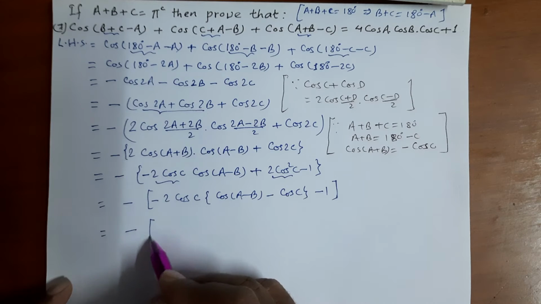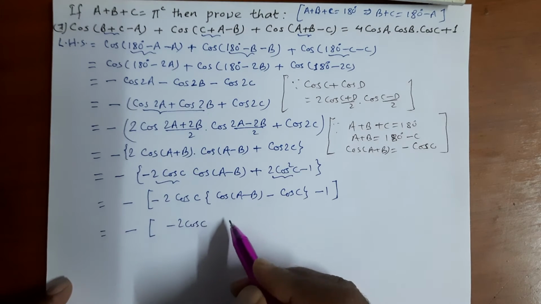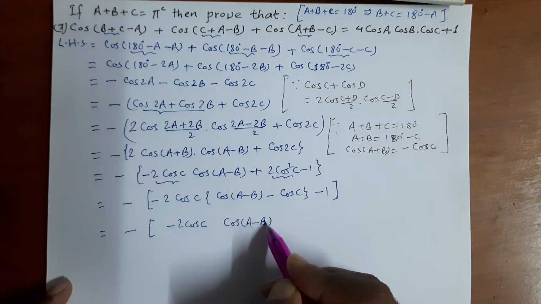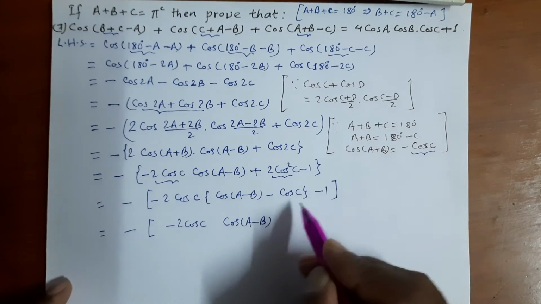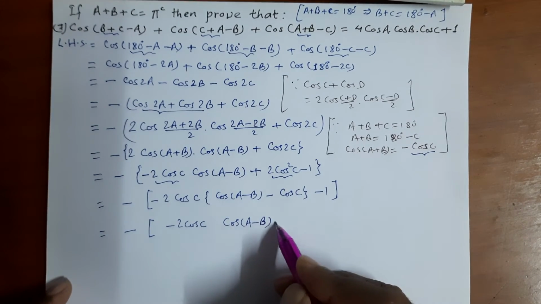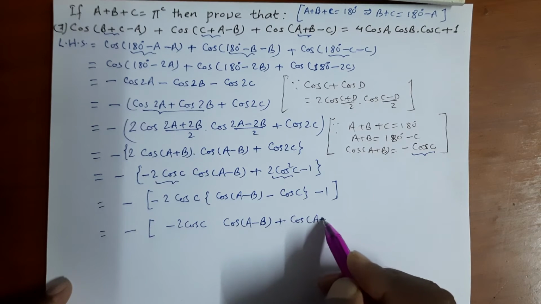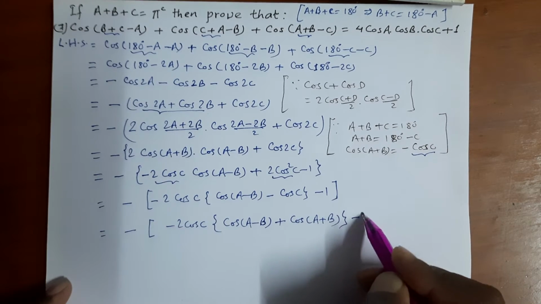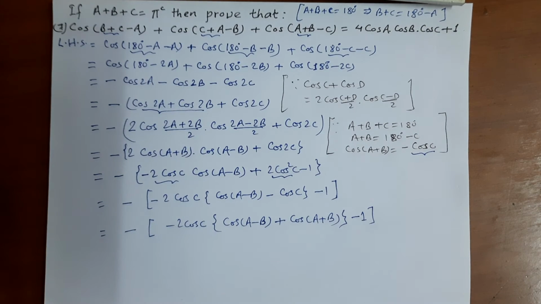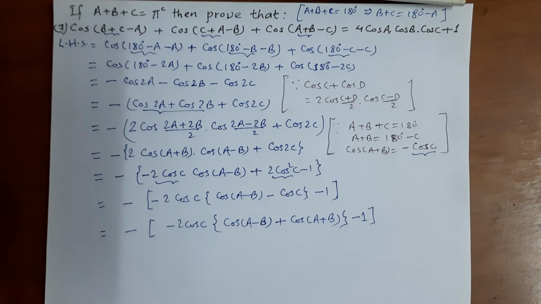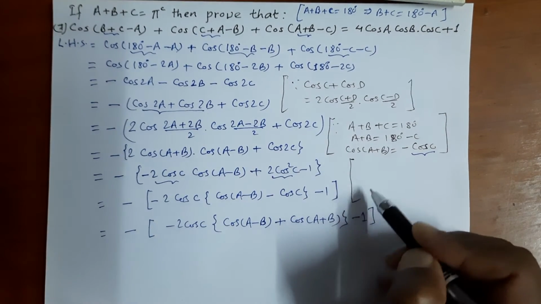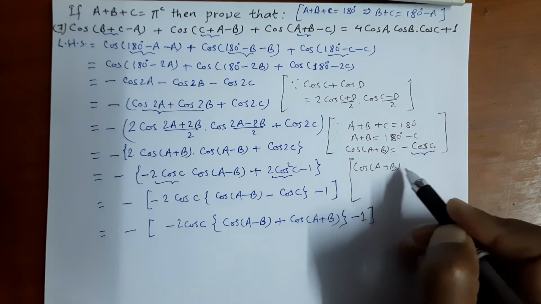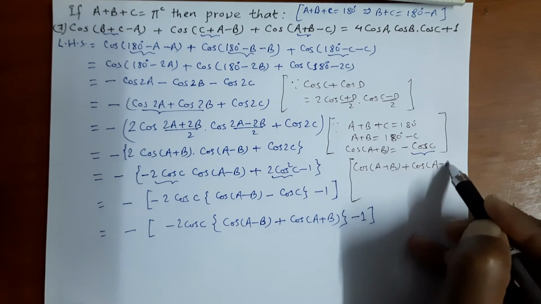here we have minus 2 cos c and cos(a minus b), and minus cos c is cos(a plus b) from here. So minus 2 cos c, we can write cos(a minus b) plus cos(a plus b) in curly bracket. At last there is minus 1, and we have one next formula, that is cos(a plus b) plus cos(a minus b).